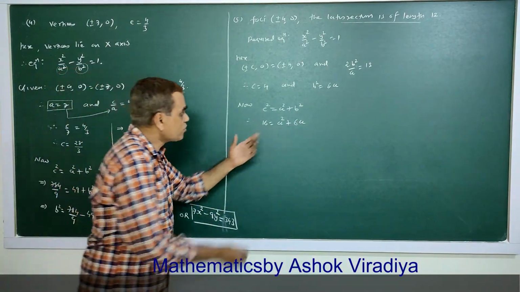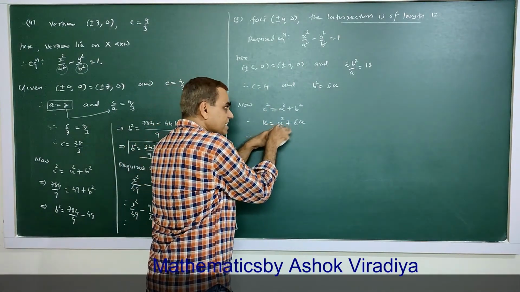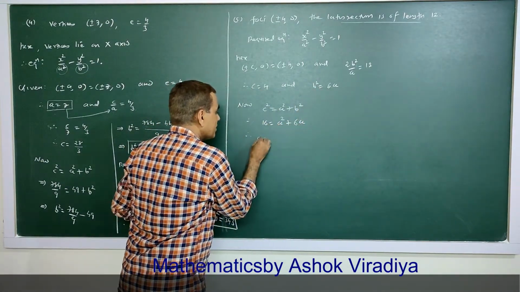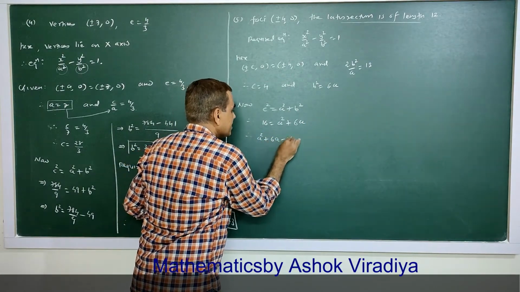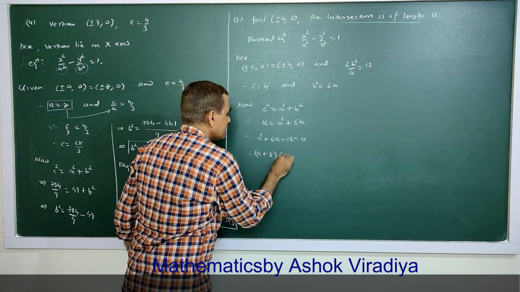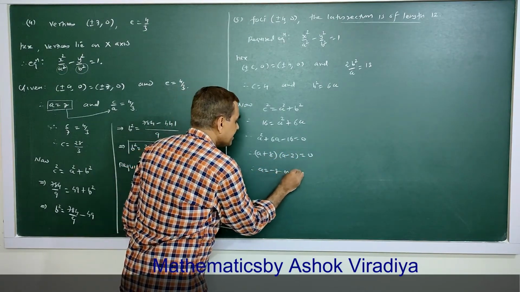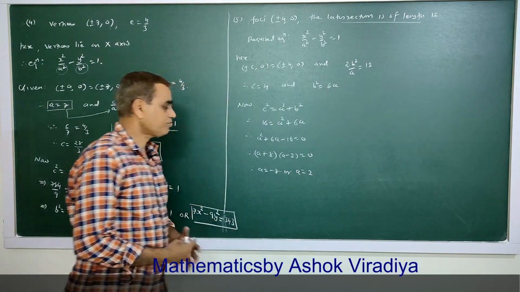So we get a quadratic equation in a: a square plus 6a minus 16 is 0. So it is a plus 8, a minus 2 is 0. So a is minus 8 or a is 2.